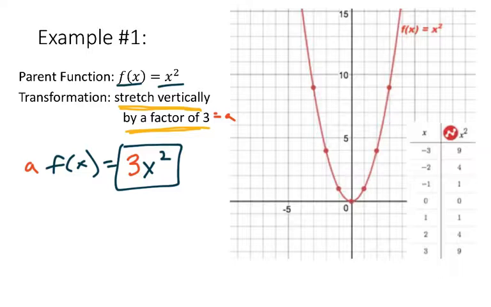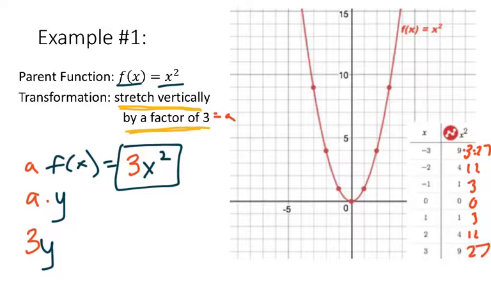But that means that technically I'm going to do a times my y value, so 3 times the y value. If we apply that in our chart here, I'm going to multiply by 3 and get 27, or 12, or 3.